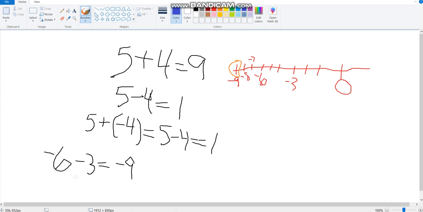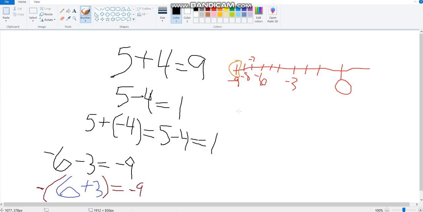I can do 6 plus 3, and then I can drop a minus sign in front of it. So we know 6 plus 3 is 9, and we can just plop a negative sign in front. So when you see a negative number minus a number, you can add those 2 numbers like regular positive numbers and then just drop a negative sign in front of them.